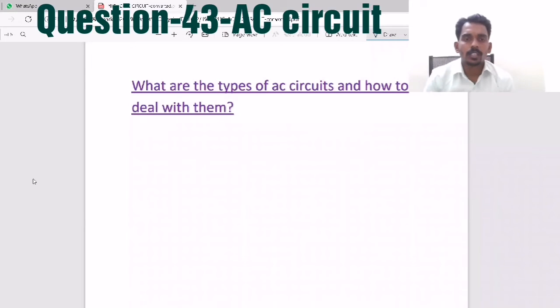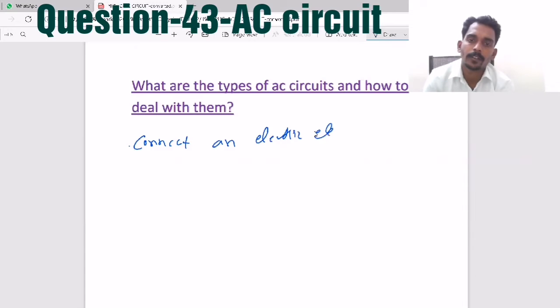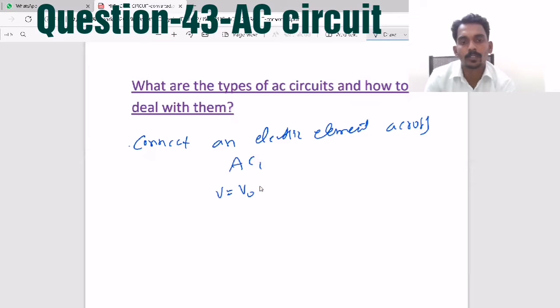Now the next thing is, what are the types of AC circuit and how to deal with them. So connect an electric element across AC, let's say V equal to V naught sin omega t.